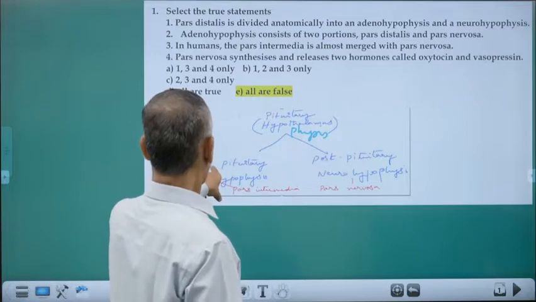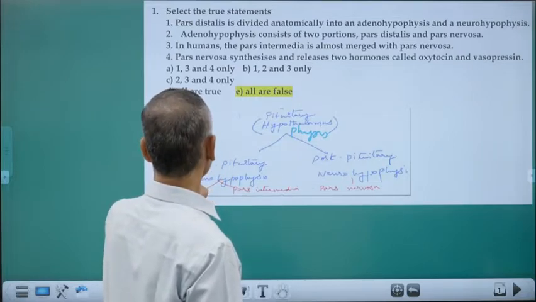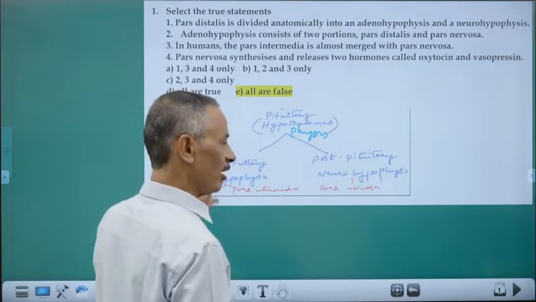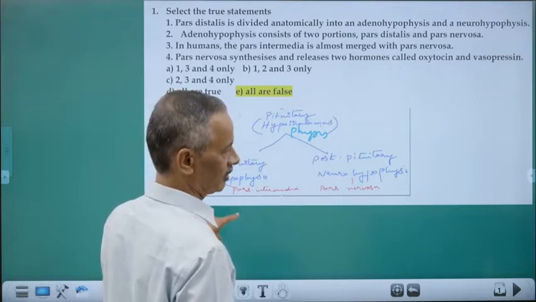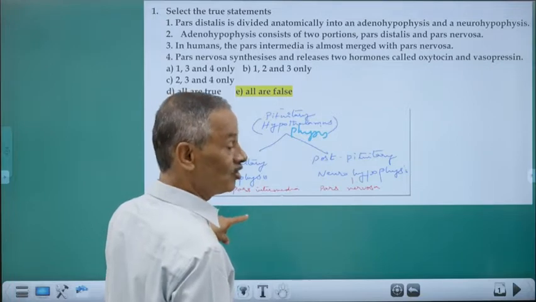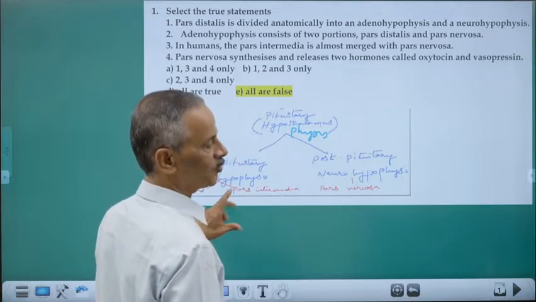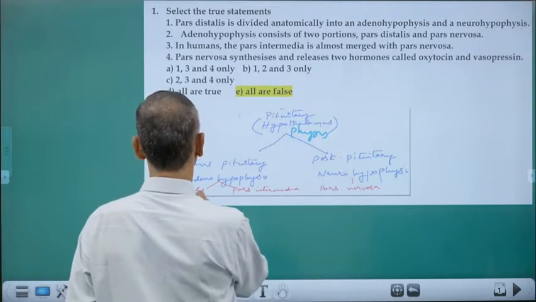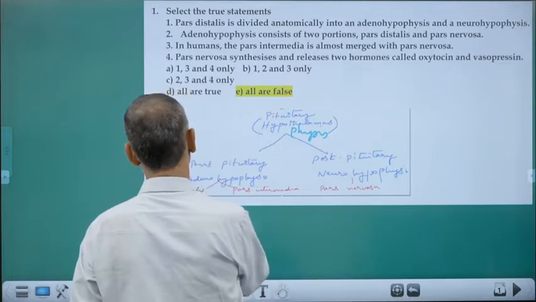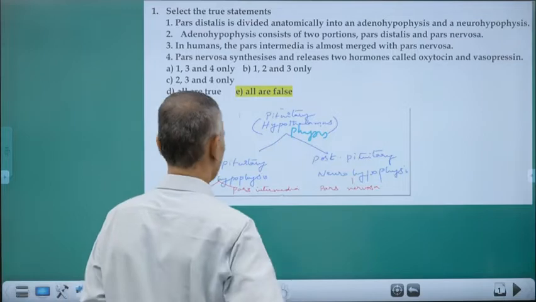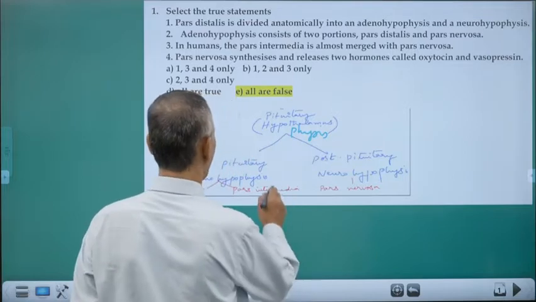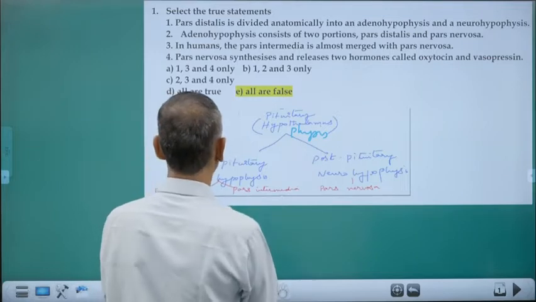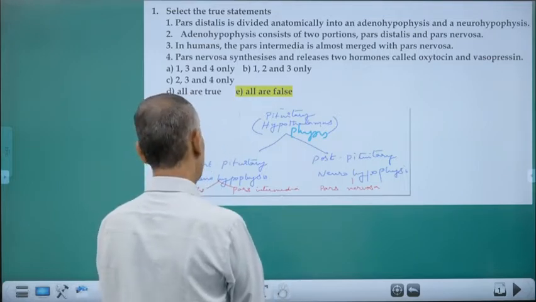Okay, anterior pituitary is not a part of brain. It is developing from a structure called Rathke's pocket, arising from the roof of the buccal cavity, and this forms pars distalis, and pars intermedia is completely fused with the anterior pituitary in adult.